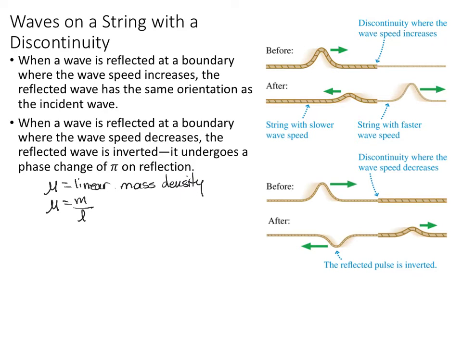So if the density where it started is bigger than the density of where it's going, the reflected pulse has no phase shift. It comes back out with the same orientation that it went in at. But if we reflect off from a small density to a big density, so here we have no phase shift on reflection.